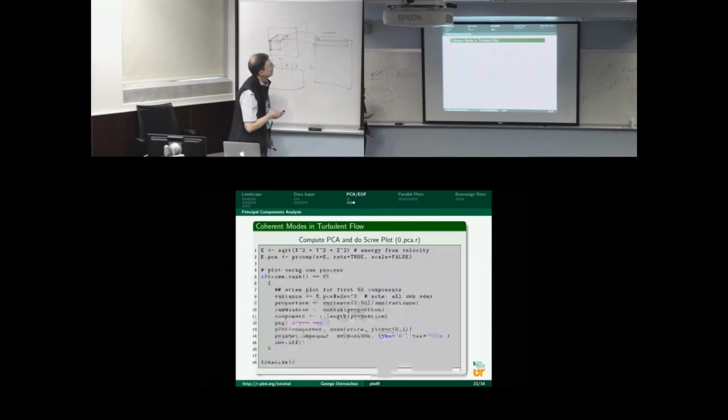This is the R code. After you get the data in and redistribute it to block cyclic, you just use it the way you would in R normally. In order to compute the energy from the velocity, or your speed in a sense, you just square each.